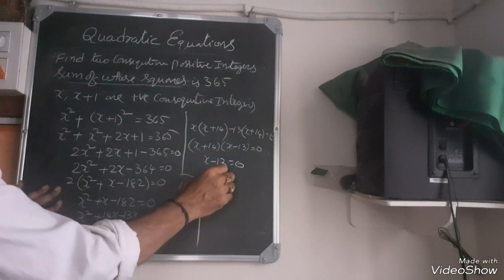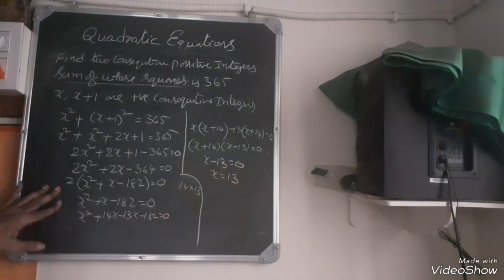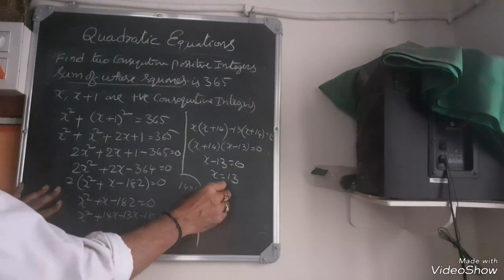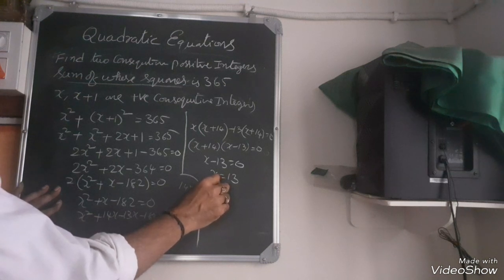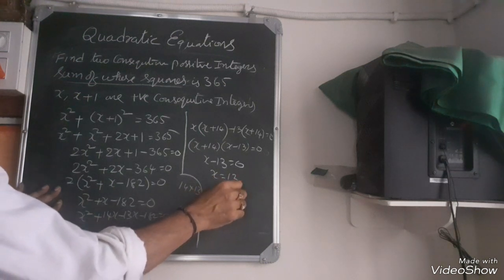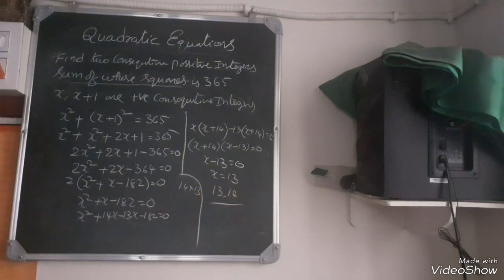So x equal to 13. Next number 14. So the numbers 13 and 14 are two positive consecutive integers. Is it clear? Okay, now one more problem we can see from exercise 4.2.